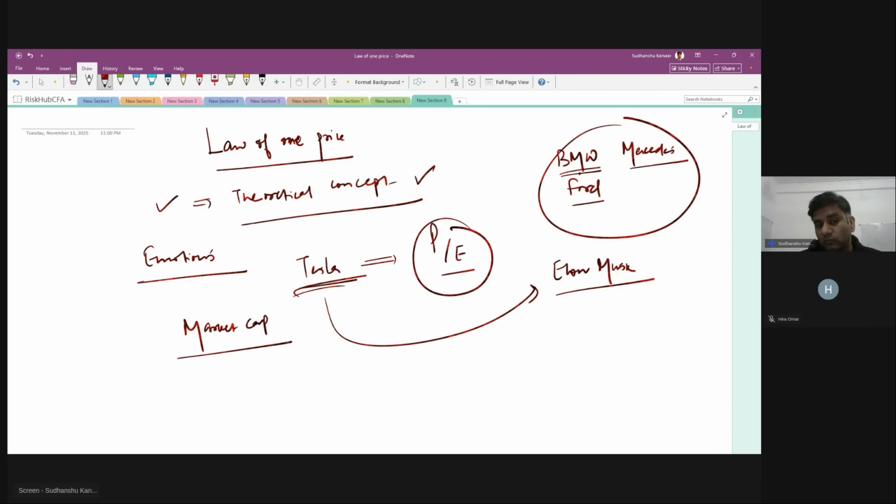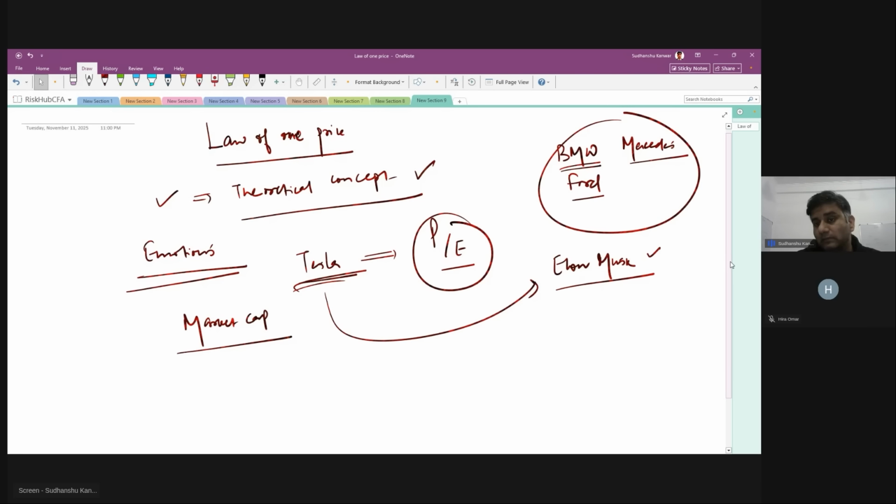Because of emotions, people believe that Elon Musk is a wonder man kind of person who can do anything. So again, you will say that cash flows produced by BMW, Mercedes, and Ford are similar to, or even higher than, Tesla's, but still they trade lower than this, right? So that is the whole logic that in the real world emotions overpower.